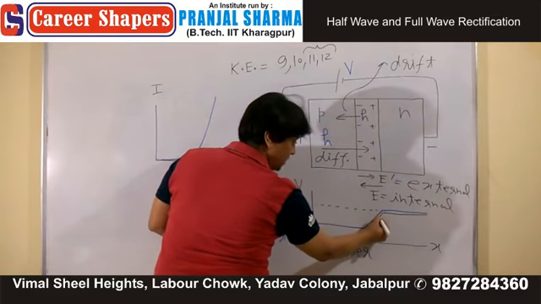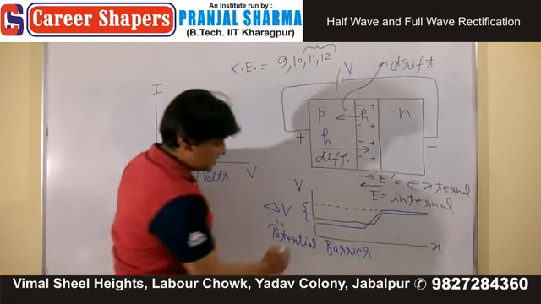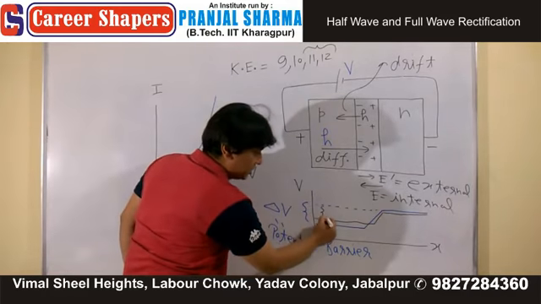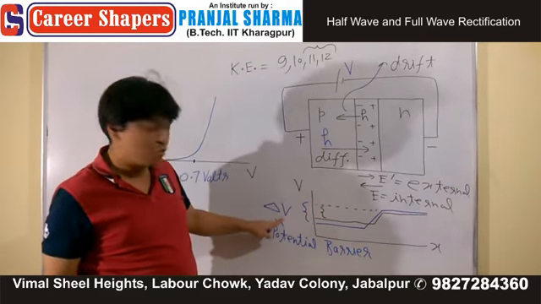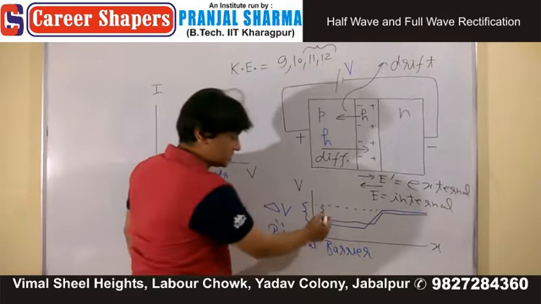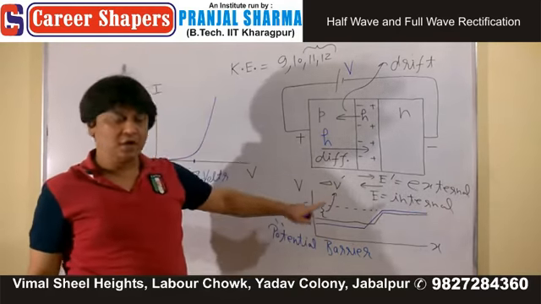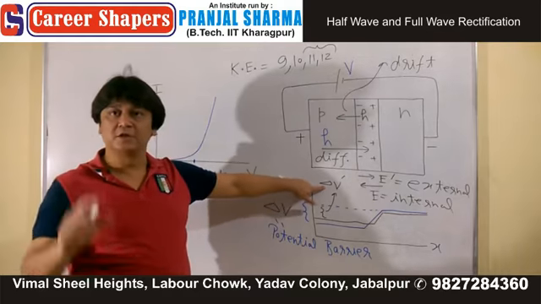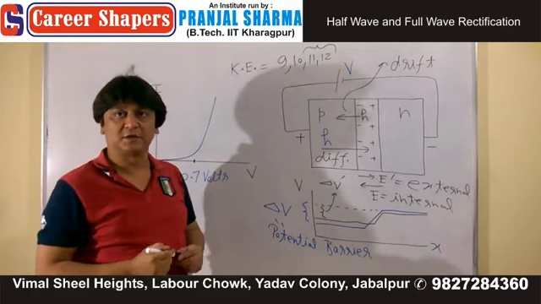The graph will look like this. This is the old delta V. This is your new delta V, let's call it delta V dash. This delta V dash means your potential barrier has decreased.